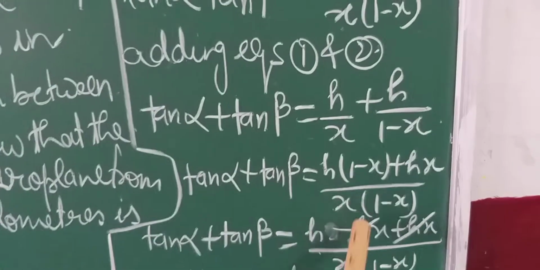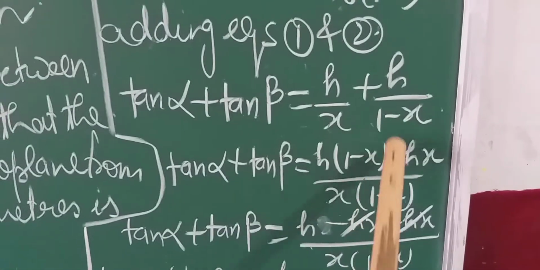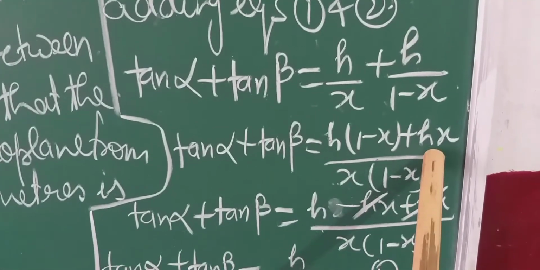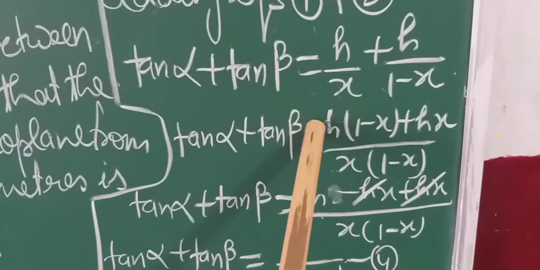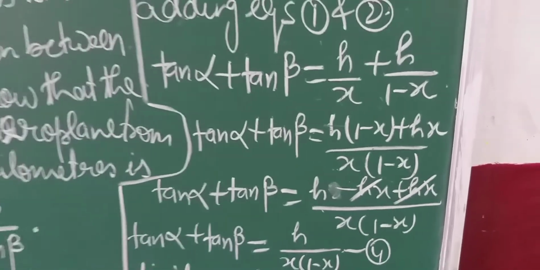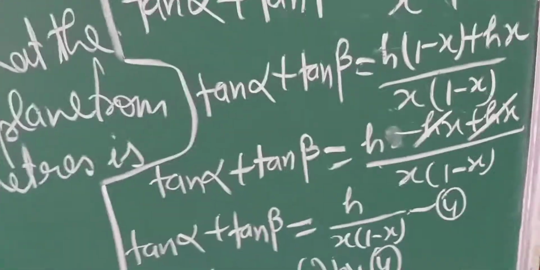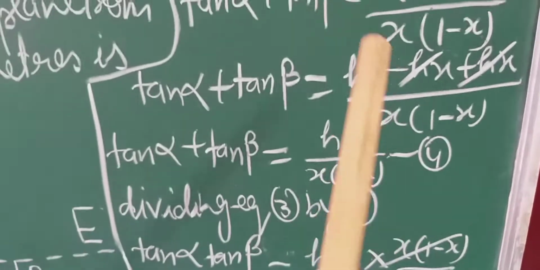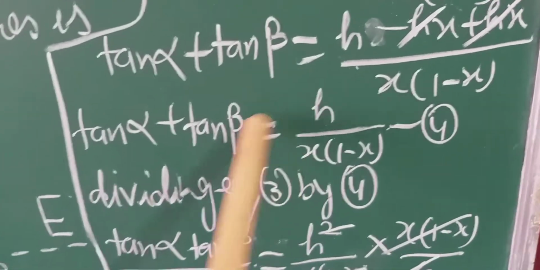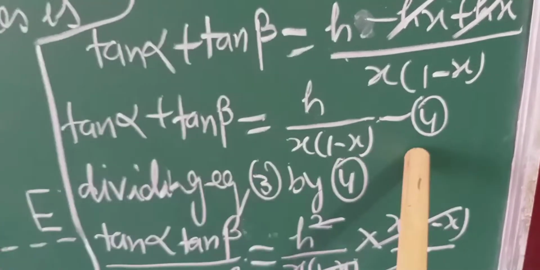So h multiplied by 1 minus x plus x multiplied by h. Let us open the bracket: h minus hx plus hx. So minus hx plus hx both will be cancelled. So it is h upon x, 1 minus x. So tan alpha plus tan beta equals to h upon x, 1 minus x, equation number 4.